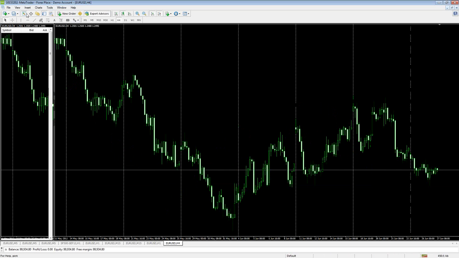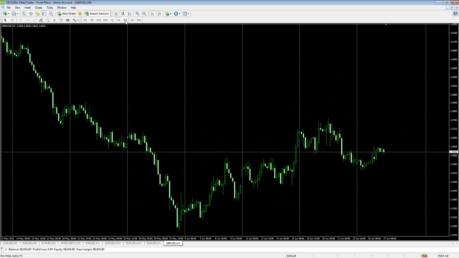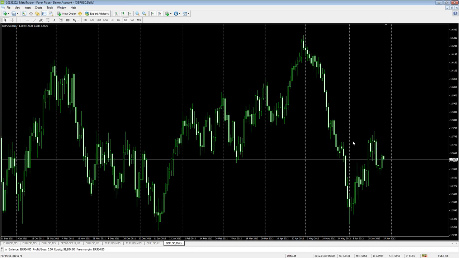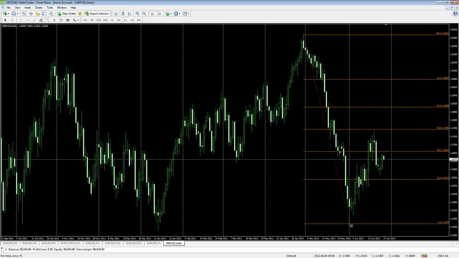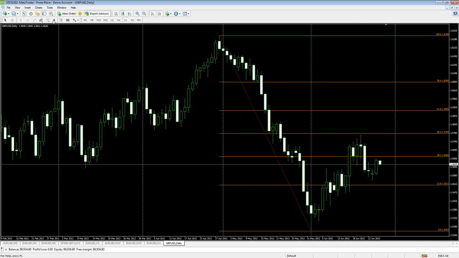The pound dollar also shows something. It reached almost the 50 Fibonacci level here and made this nice spinning top, which is a nice reversal candle. You can see this reversal candle here.